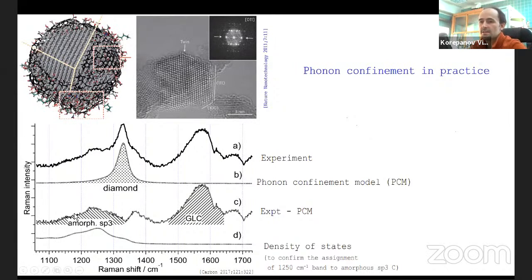And then we can quantitatively analyze after this the fraction of amorphous sp3 carbon and graphene-like carbon. So here GLC, graphene-like carbon, is the surface layer, because the diamond surface in nanodiamonds spontaneously reconstructs from sp3 into sp2 graphene-like carbon. So it also has a very strong feature in the Raman spectrum, especially for small size nanodiamonds.